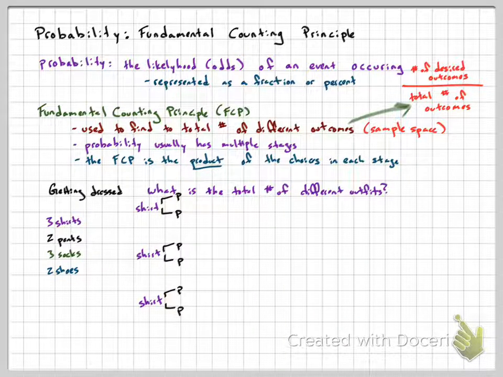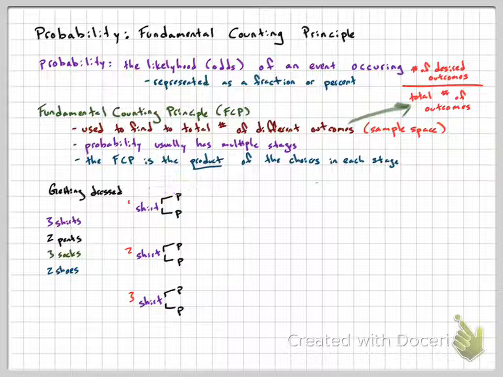Then once you pick a shirt, you have 2 pants to pick from. So this is shirt 1, shirt 2, and shirt 3 of our 3 different options. Once I pick a shirt, we then have to pick a pair of pants. And then once you pick a pair of pants, you have to pick socks. And then once you pick socks, you have to pick shoes.